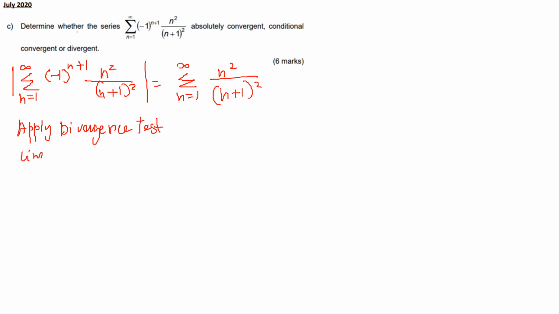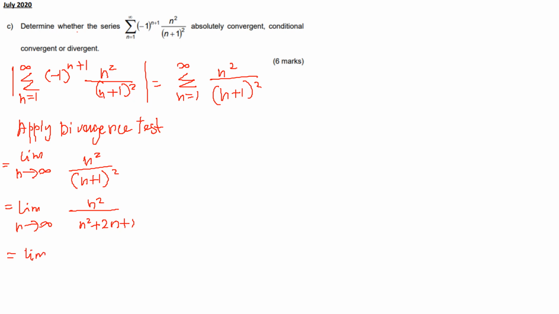So apply the divergence test: limit as n approaches infinity of n squared over (n+1) squared. You can expand this one, and you will get n squared plus 2n plus 1.